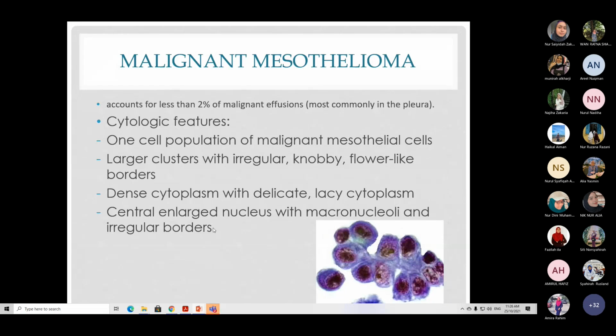And the cytoplasm is dense, with delicate lacy cytoplasm again, and a central, enlarged nucleus with macronucleoli and irregular nuclear borders.